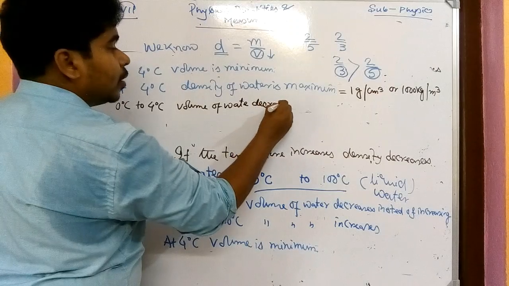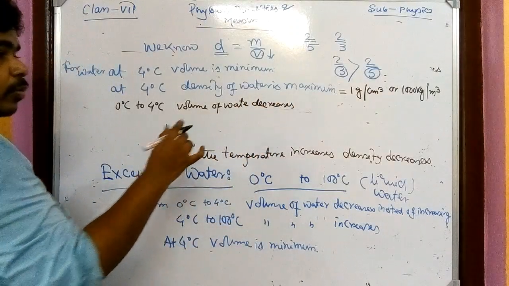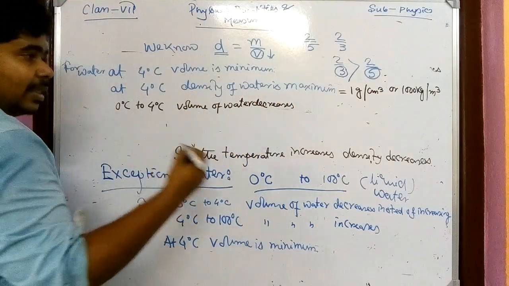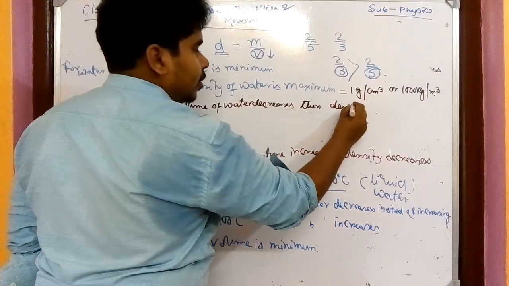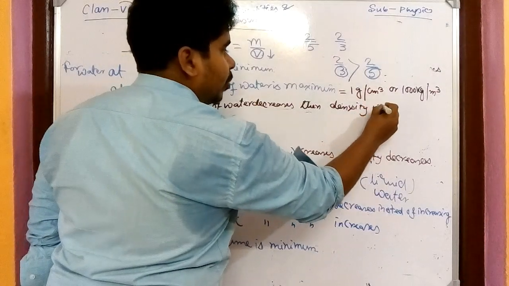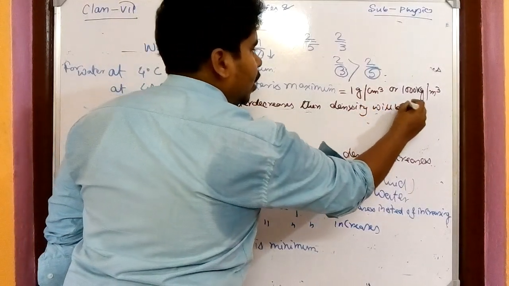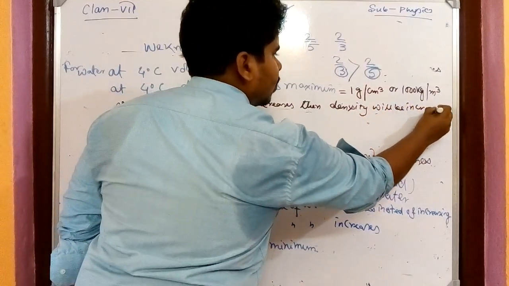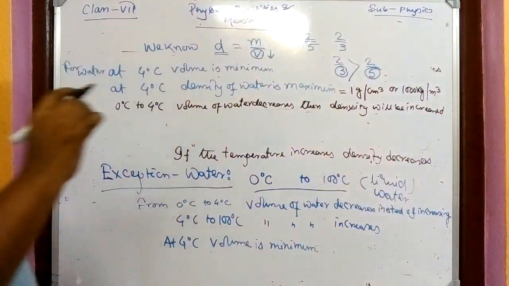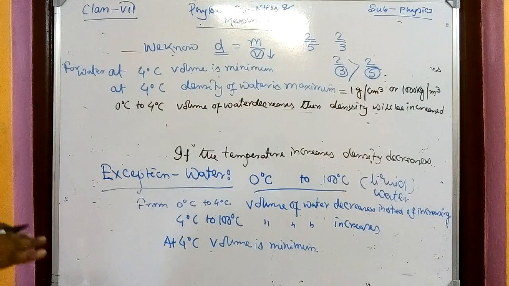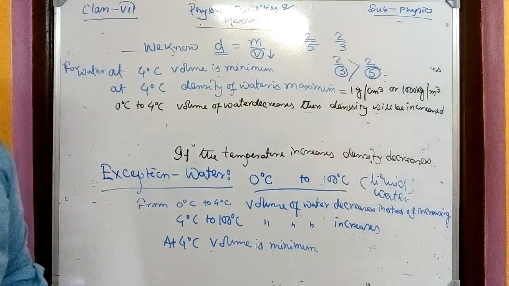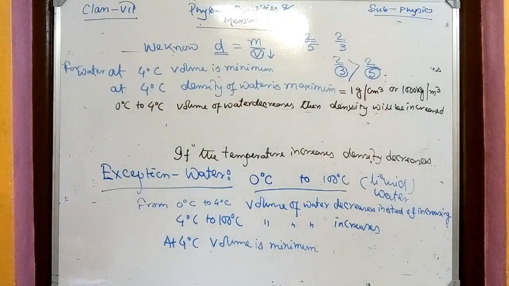As the volume of water decreases, the density will increase.